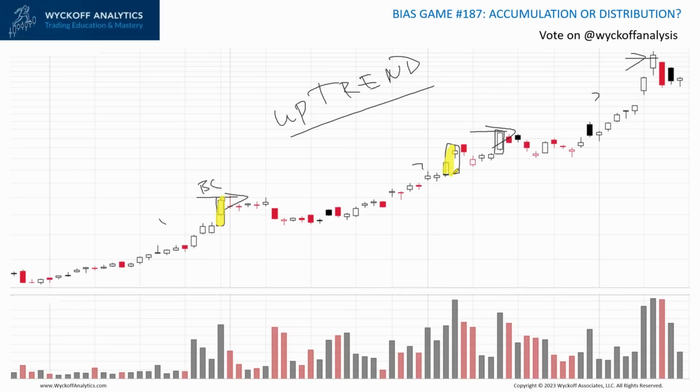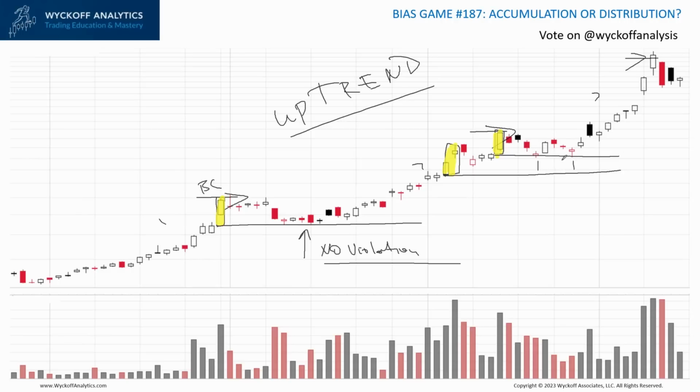But look at how these bars, which are significant bars, are holding the ground, right? So there is no violation, whether this is the commitment to the downside or even intraday violation for these significant bars. Maybe right here there's some intraday, but the closes are still higher. Okay, so this is a regular behavior in this uptrend.